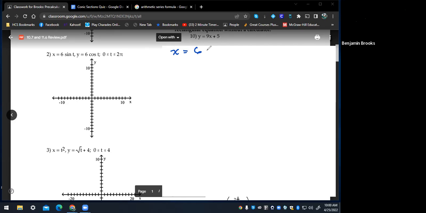We got x is equal to 6 sine t, and y is equal to 6 cosine t.